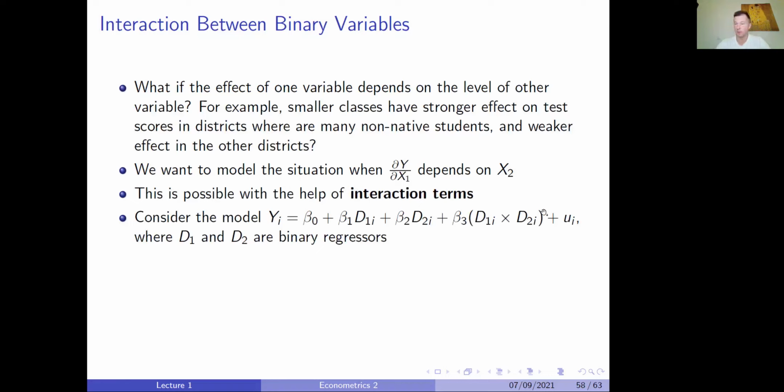So this is the model. We have one binary variable, another binary variable, and here we have their interaction, the product of D1 and D2. And this term is called an interaction term.